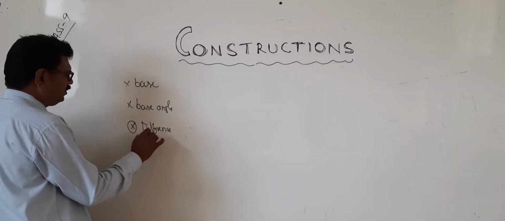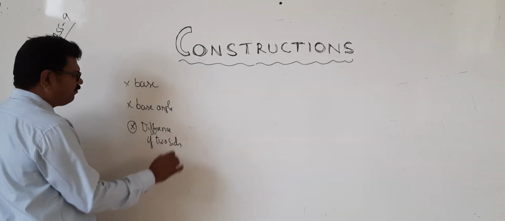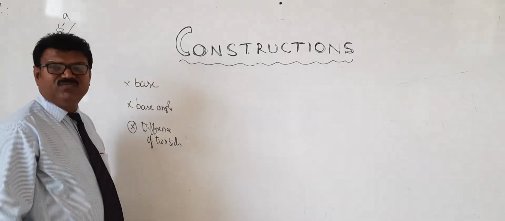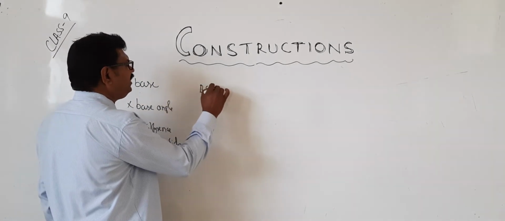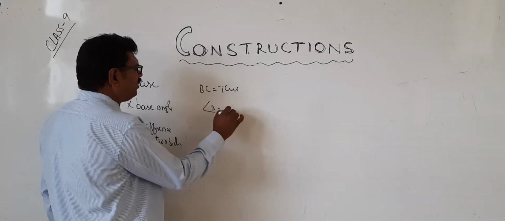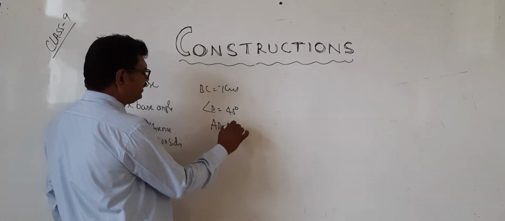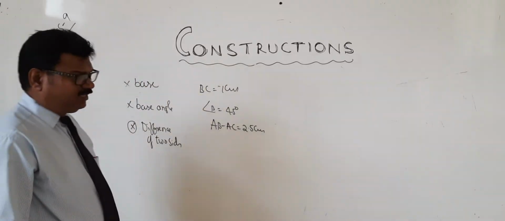Before that he had given the sum of two sides. Now he has given the difference of two sides. Like example, BC equal to 7 centimeters, angle B equal to 45 degrees, and AB minus AC equal to 2.5 centimeters.